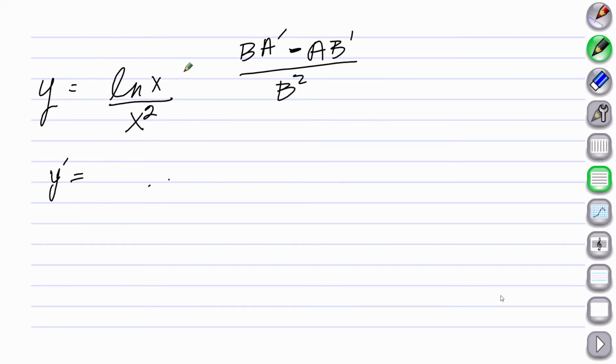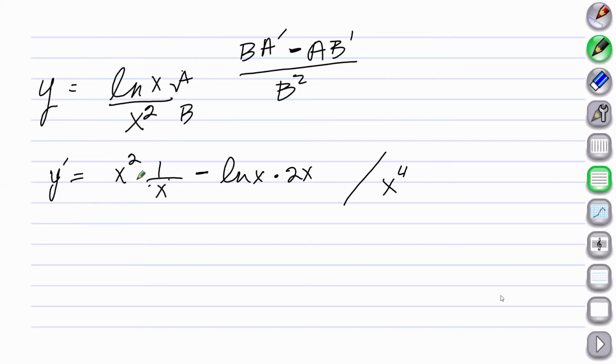So this is A, and this is B. So B times the derivative of A, which is 1 over x, minus A, which is still ln x, we're not going to change it, times the derivative of B, which is 2x. And then all that is going to be over x to the 4th.